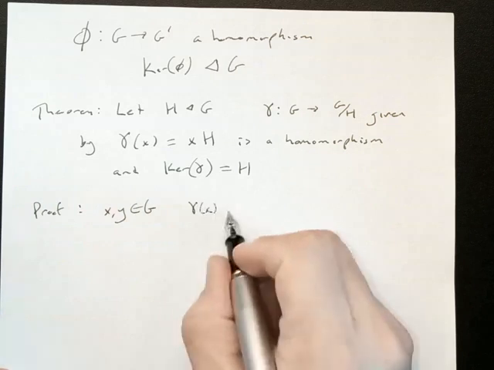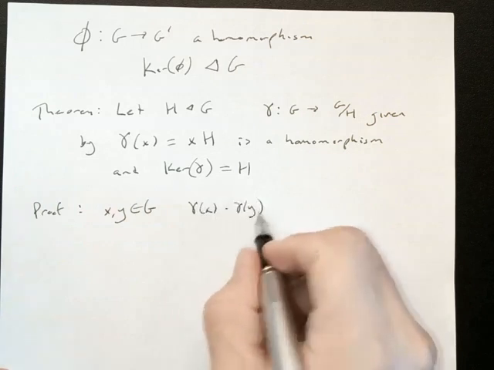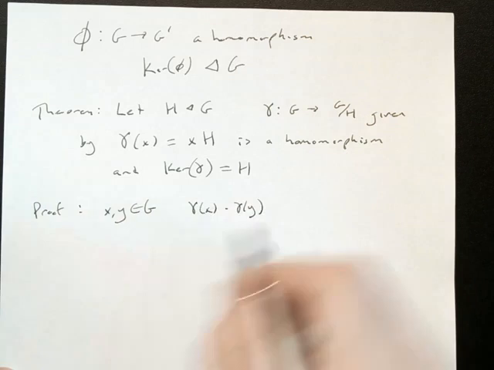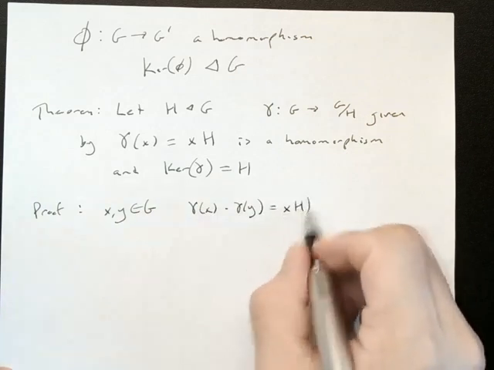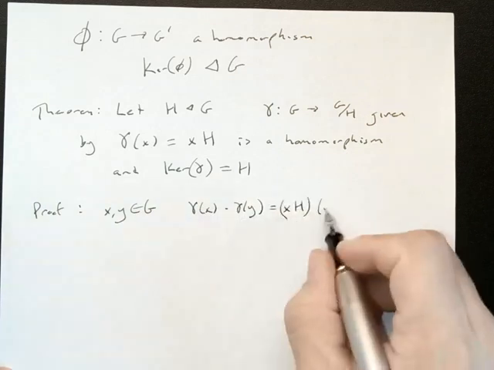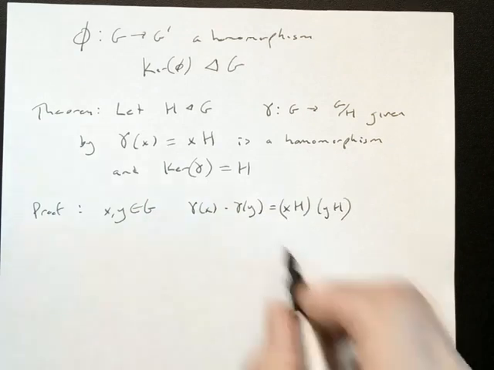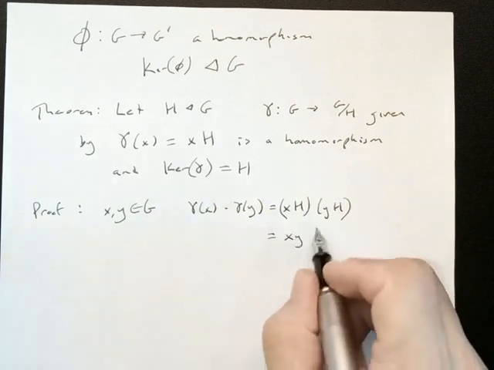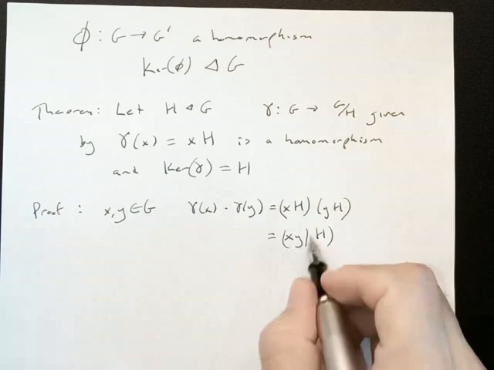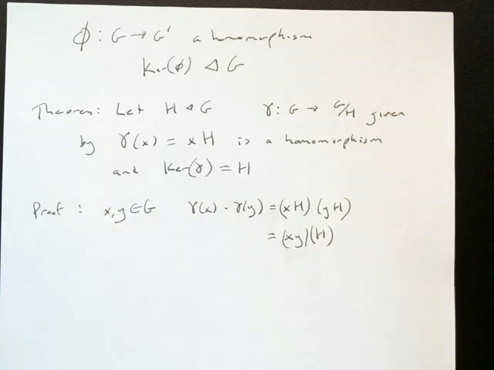Gamma of X, gamma of Y. But gamma of X is XH, and gamma of Y is YH, and those are cosets. And when we multiply cosets, we multiply the corresponding elements. Yes? But isn't that the same as gamma of XY? There's the homomorphism property.